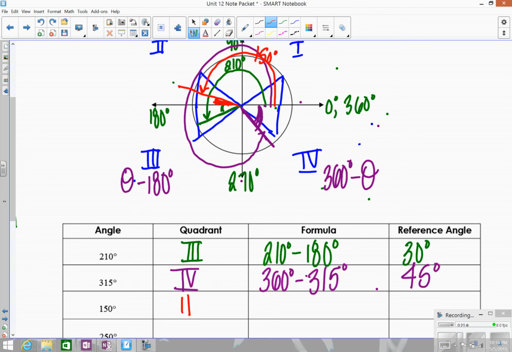So if it's in the second quadrant, I would be doing 180 minus 150. So start with the whole piece, subtract off what you don't want, and that would get you your reference angle of 30. So if it's in the second quadrant, you're going to start with 180, and you're going to subtract off the angle, because that's going to be the piece you don't want.